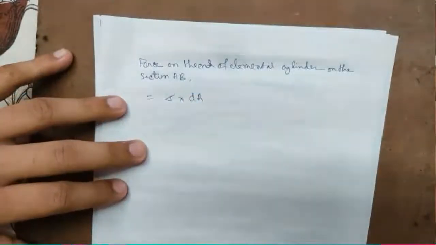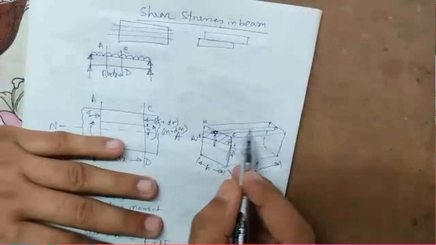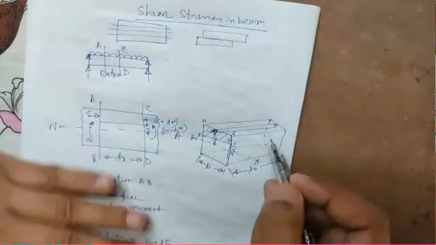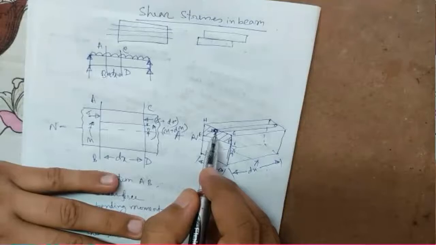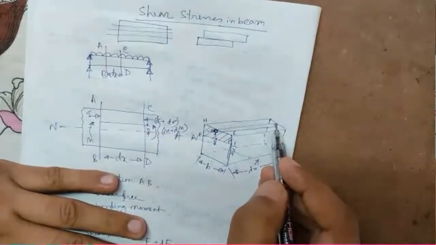This is the expression of force at AB on this elementary cylinder. This is the AB face and this is the CD face. On the AB face, the stress value is sigma and the area is dA, so the force working on this cylinder is sigma into dA. On the other end it will be sigma plus d sigma into dA.